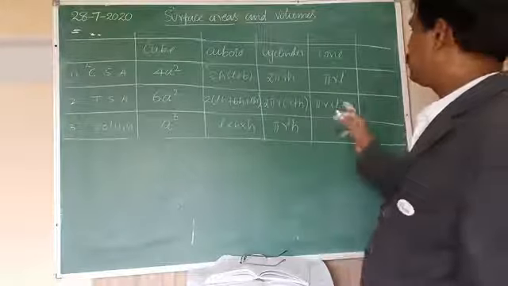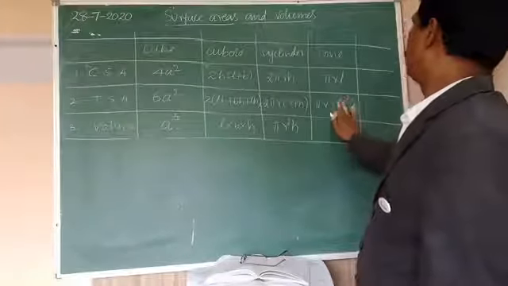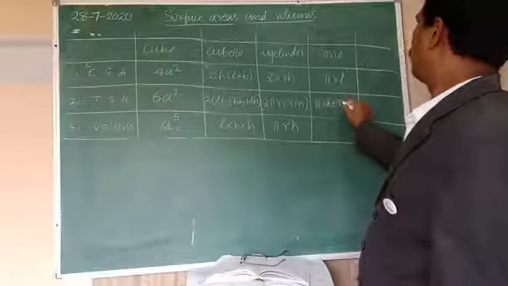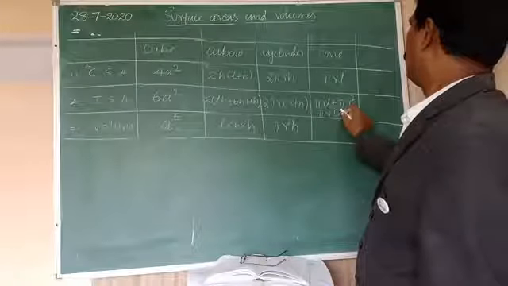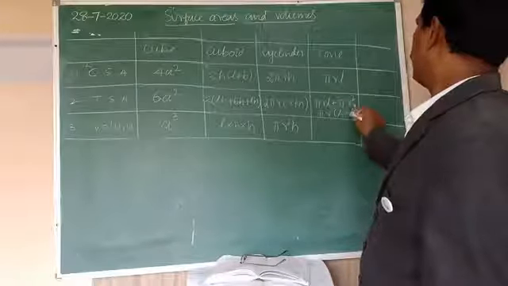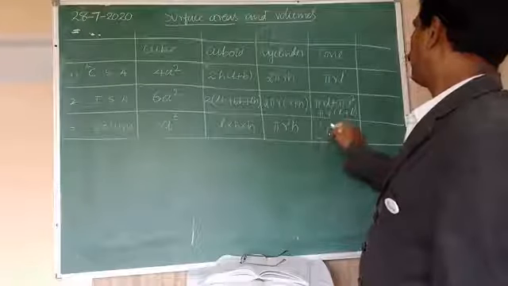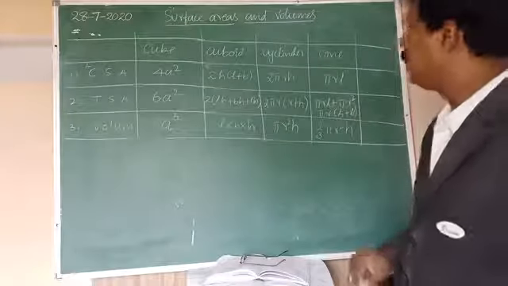Actually taking pi r square, it is pi r l plus pi r square. Then taking pi r common, you can write pi r into (r plus l). The volume is 1 by 3 pi r square h.